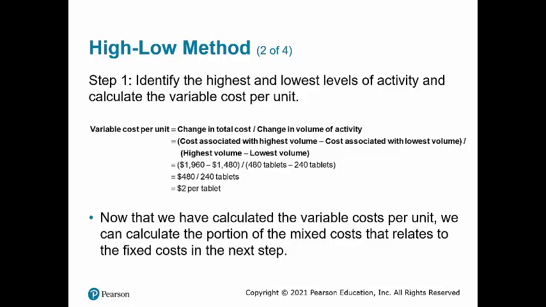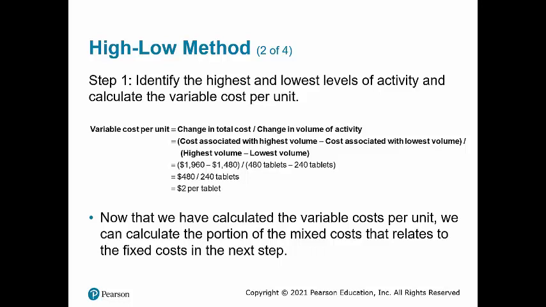The difference in those is $480. The highest volume was 480 tablets and the lowest volume was 240 tablets. The difference is 240 tablets. So we take $480 in the numerator, divide it by 240 in the denominator, and we get the variable cost per unit of $2 per tablet.